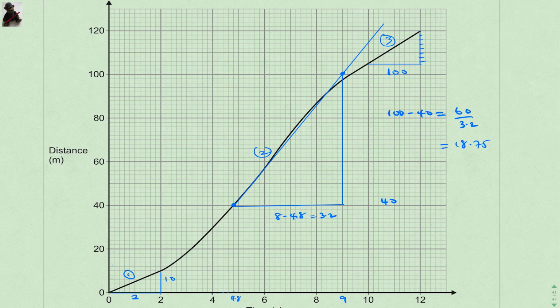So that's 15. And the length is, each little point is 0.2. So 0.2, 0.4, 0.6, 0.8, 1, 1.2, 1.4, 1.6, 1.8, and 2. So you can see that's 2. So that's 15 over 2. That's 7.5.